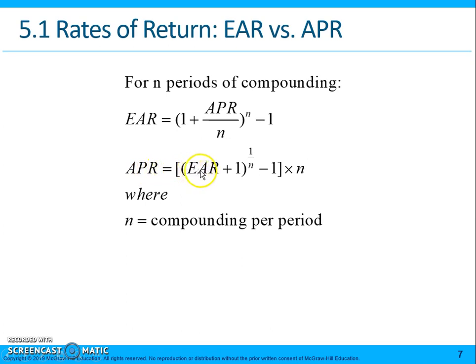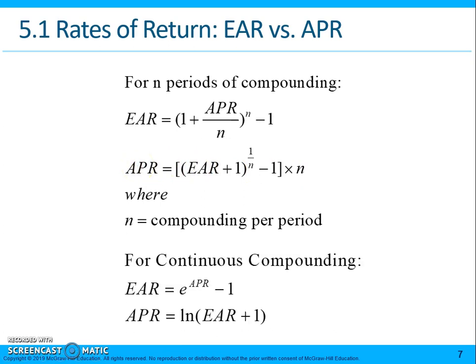So it's EAR plus 1 to the 1 over n power, and again, n is the number of compounding periods per year, subtract 1 and multiply it by n. So the formula in the bracket calculates our periodic rate, and then we multiply it by the number of compounding periods per year, and we convert from our EAR back to APR.